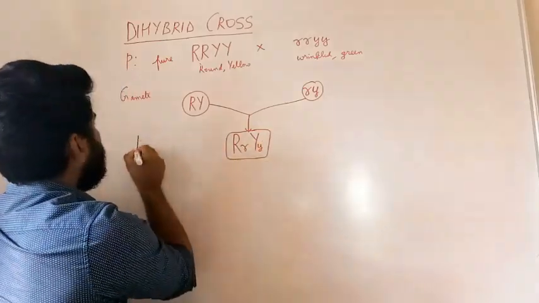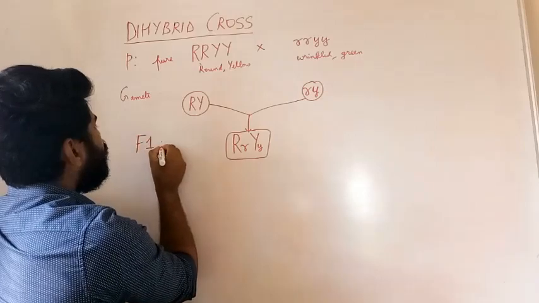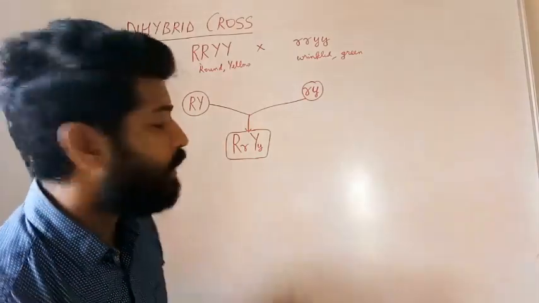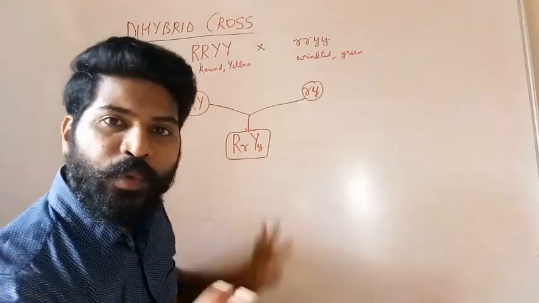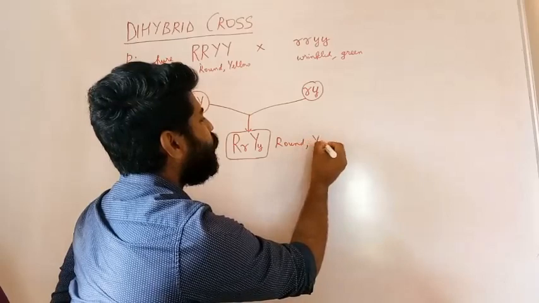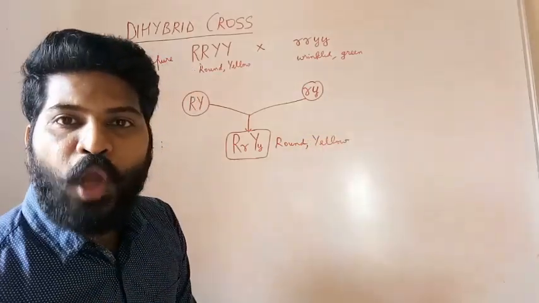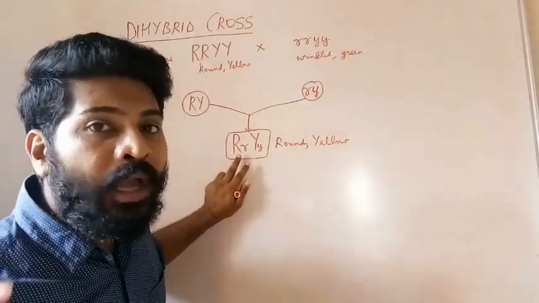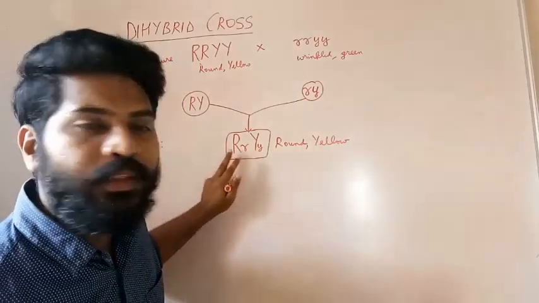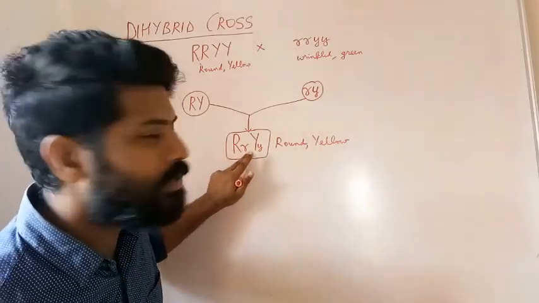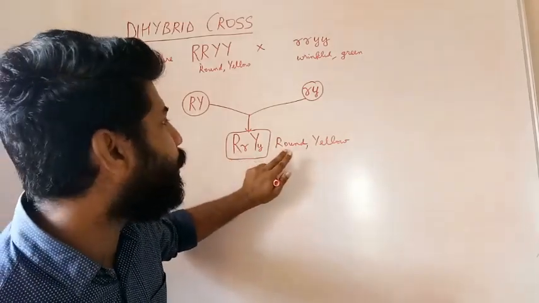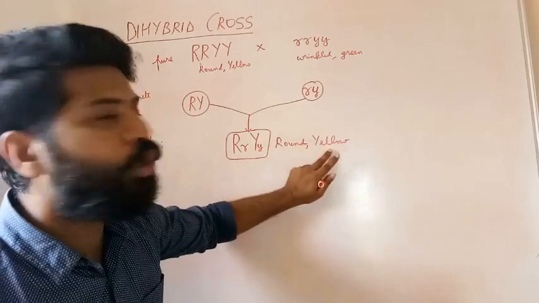This is our F1, and it was observed by Mendel that the F1 plants were all round and yellow. This is the law of dominance, because we know that in a hybrid condition, in a heterozygous condition, the dominant allele will suppress the recessive allele. So in this condition, the round trait is dominant and the yellow trait is dominant.